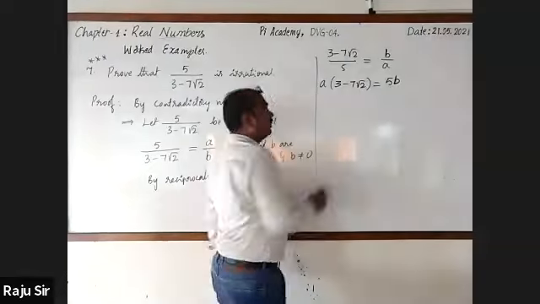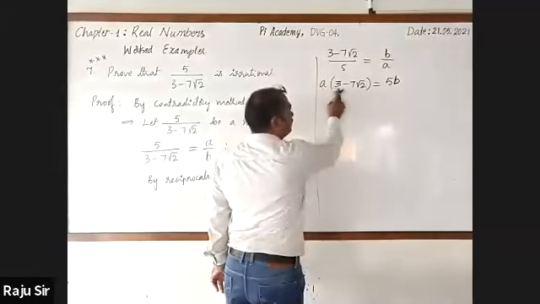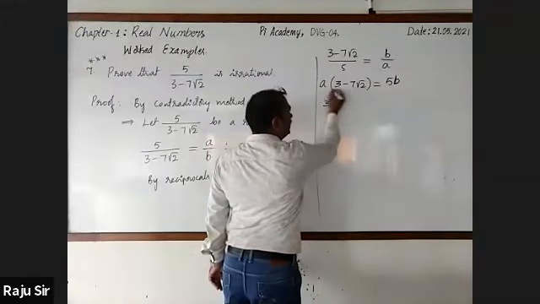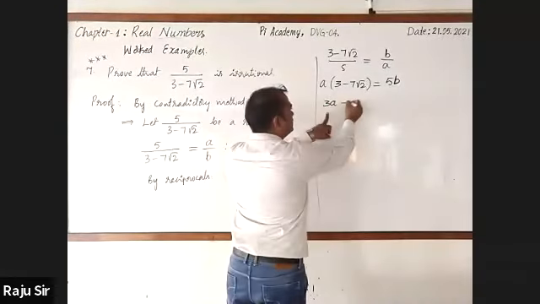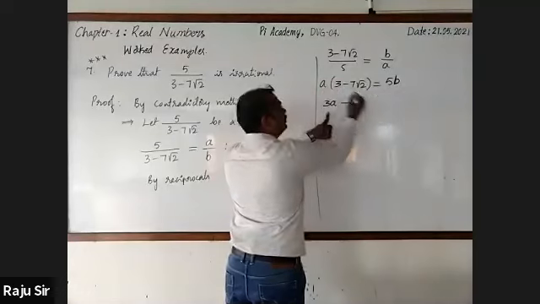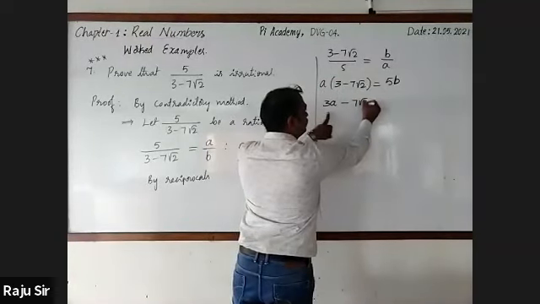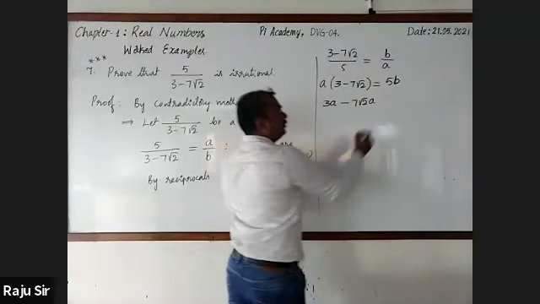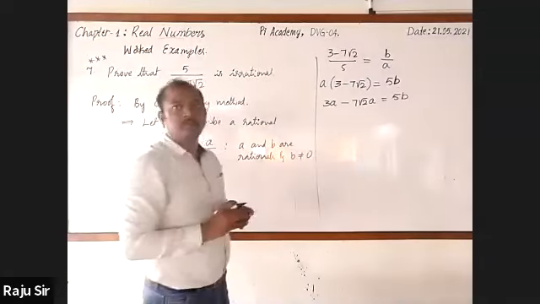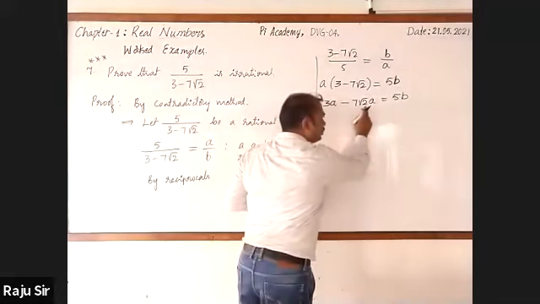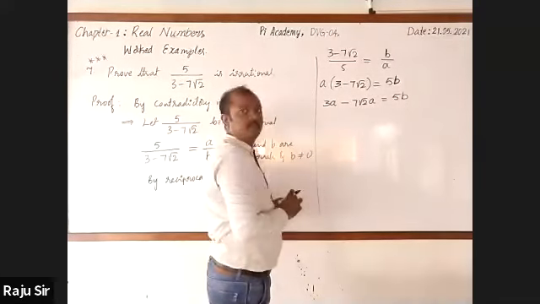Now, you will go for multiplying A with both the terms. A into 3 or 3 into A is 3a, minus 7 into root 2 into a, minus 7 root 2 a, which is equal to 5b. We want root 2 only.